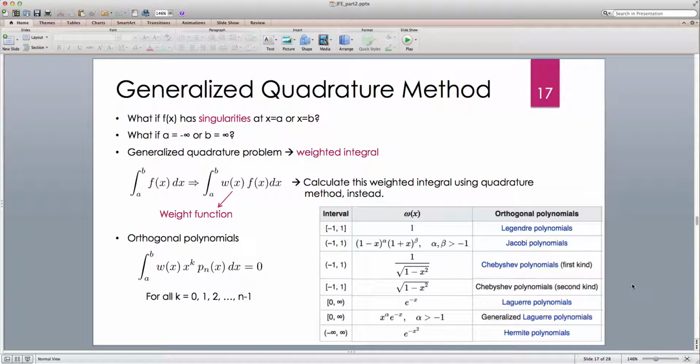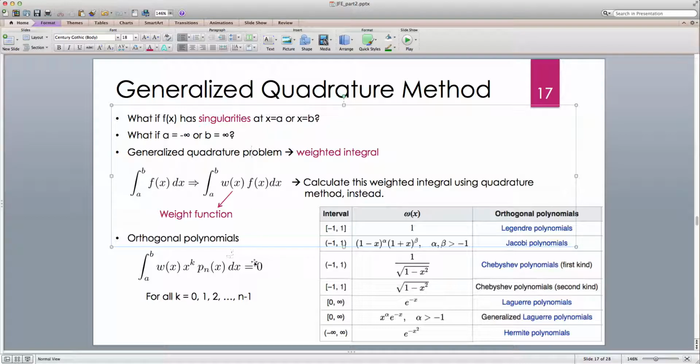All right? So the idea here is that if the function has singularities, which are most likely of type infinity, so if f goes to infinity, that's the main problem with the integration. If f has singularities but it's not infinity, it just happens to be not defined at some discrete point, it doesn't matter for the integration.